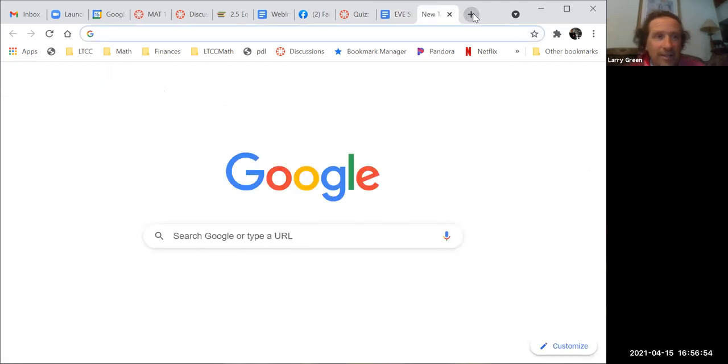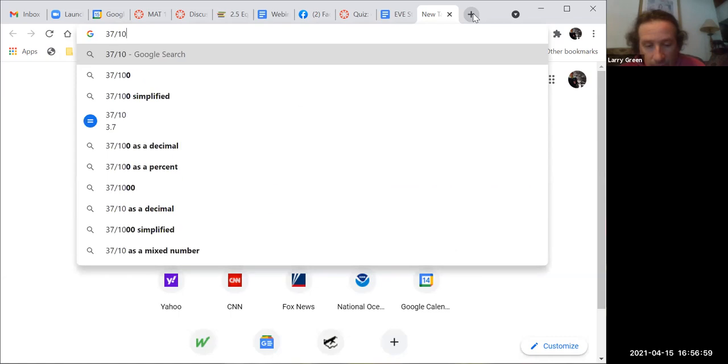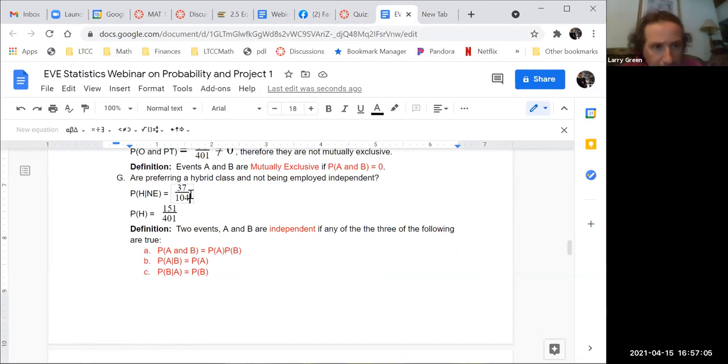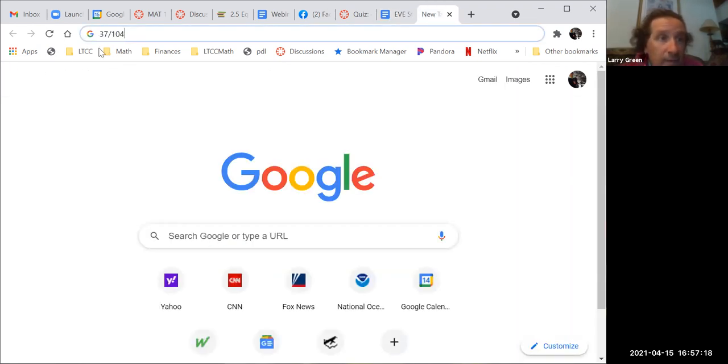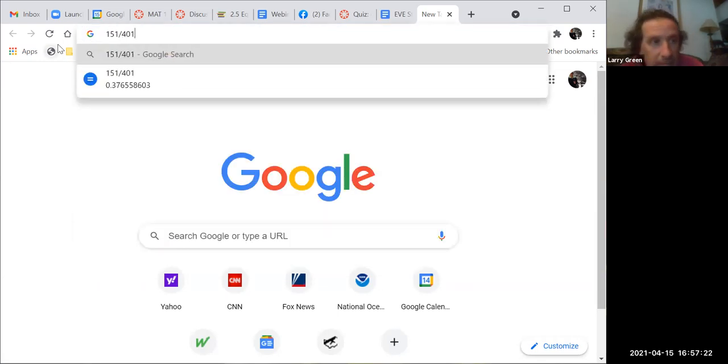I'm going to let Google do the work. 37 over 104 is 0.3558 or so. And 151 over 401 is 0.3766.